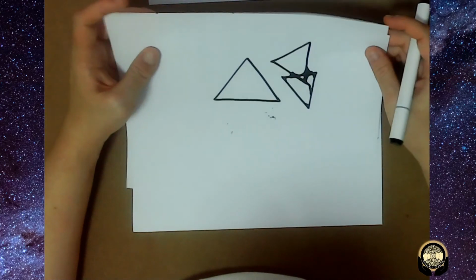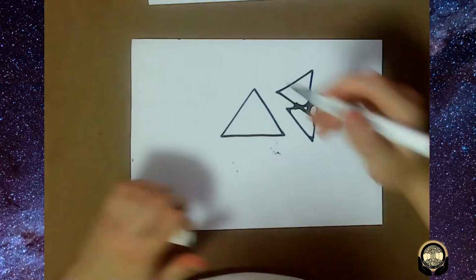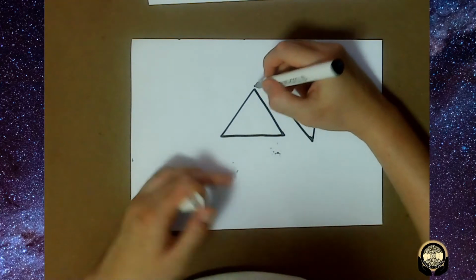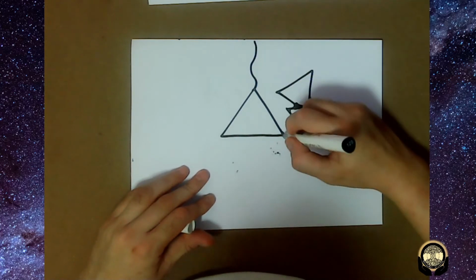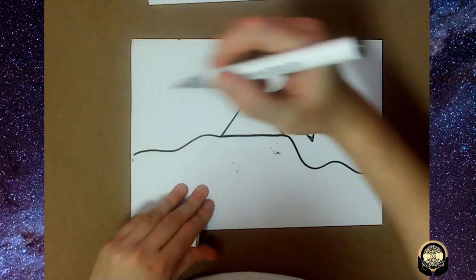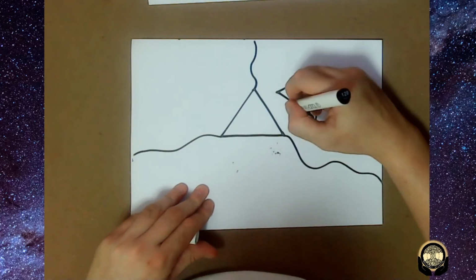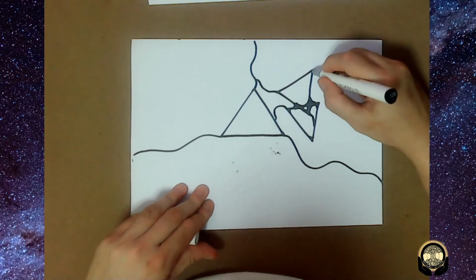So that's a triangle. And obviously now, I'm not going to leave this like that, because I don't want you to say, oh yeah, it's okay to have floating. So remember to connect the triangle to the edges of the paper or to another shape or lines.